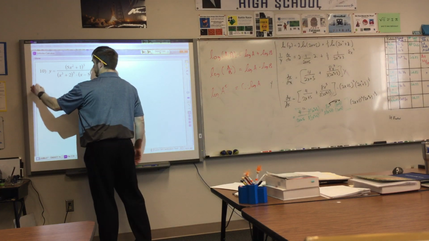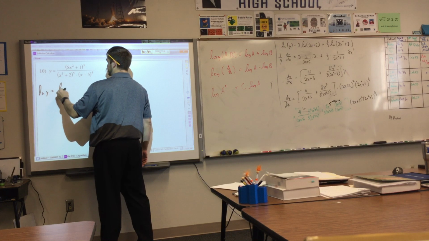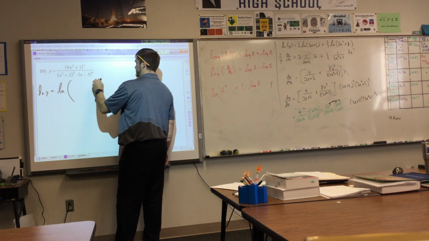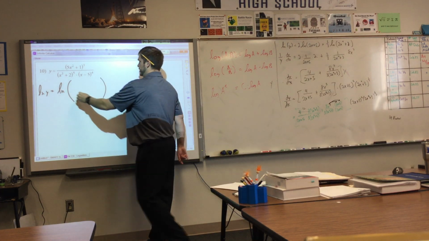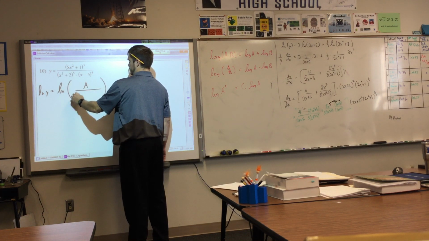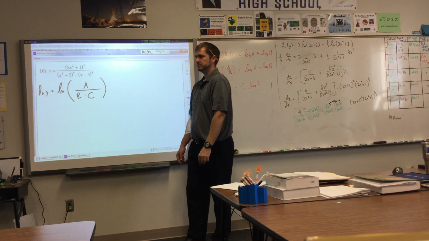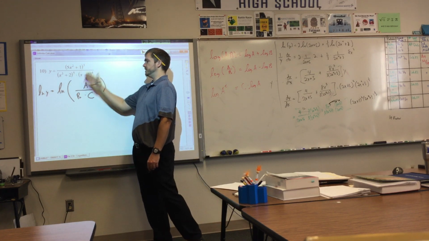So let's take the natural log of this side, so ln y equals natural log. Now let's just be smart here. This is a, b, c. Where this is a, this is b, and this is c.